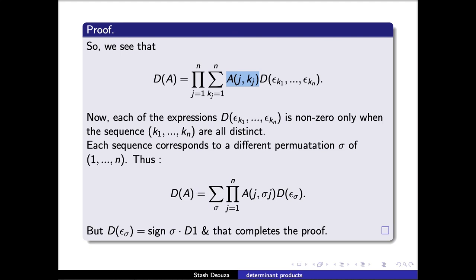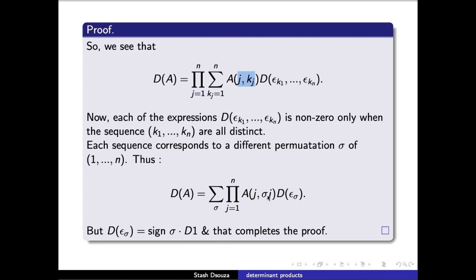So what we essentially have now is the sum over permutations sigma, with a product as j goes from 1 to n of a_j sigma(j), because we need to take entries a_j k_j such that there is no repeat over rows or over columns.